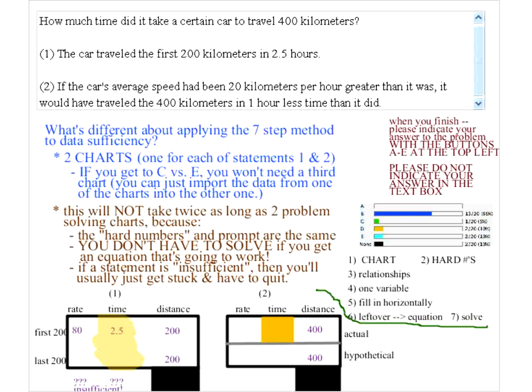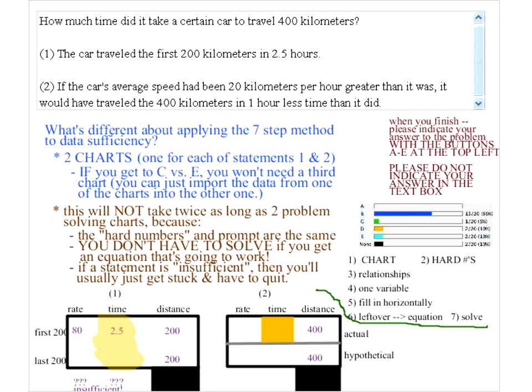Who knows in the text box what's the relationship between actual and hypothetical as far as rate? Can anybody type in the text box? Actual rate versus hypothetical rate. Yeah, the hypothetical is 20 faster.